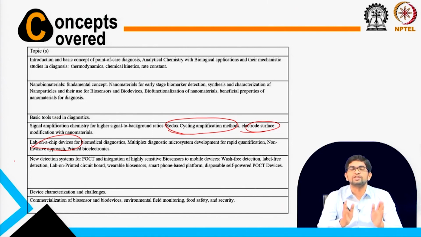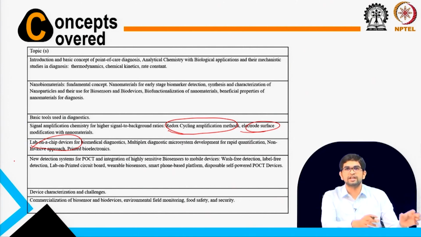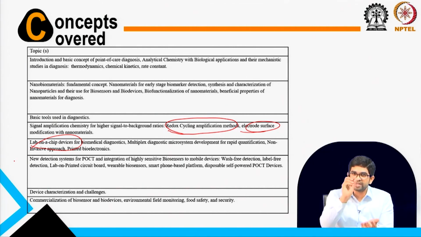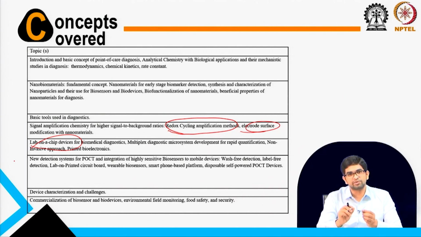In the lab we need a very bulky, very expensive instrument, but especially for developing countries, using such an expensive method or protocol is really difficult. So point of care means that at the same time we have to think about cost effectiveness. It should be near the patient and also cost effective, and we will cover that in lab on a chip. It means all the lab concepts will be brought to a very small chip, and that chip can be used near the patient.